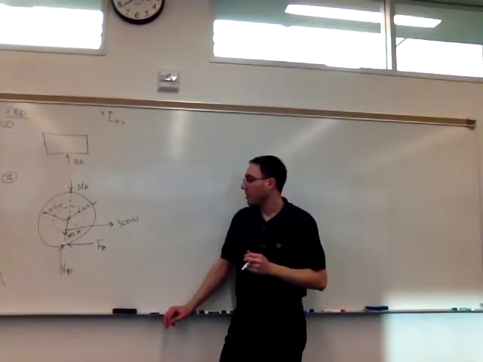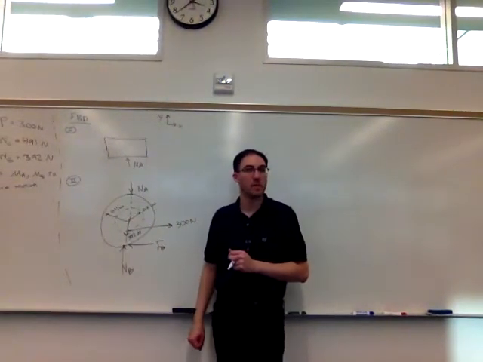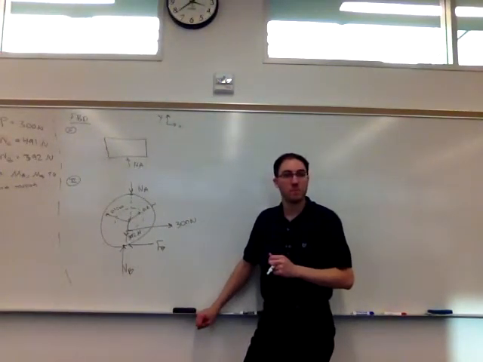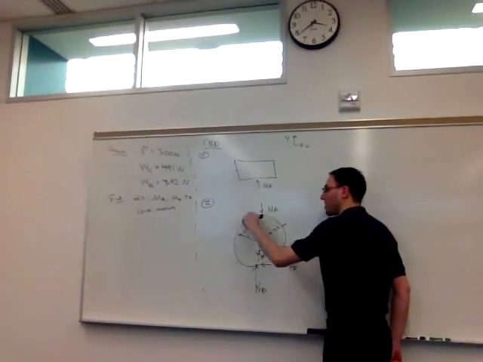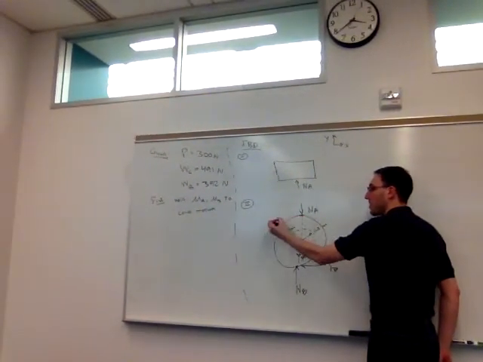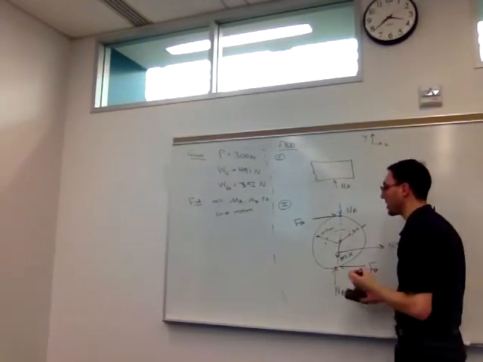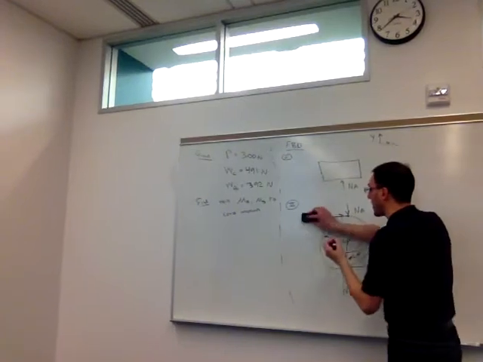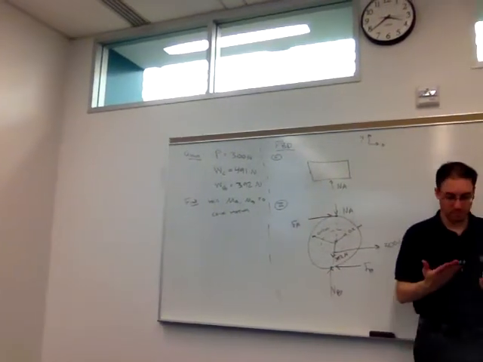And if it's rotating counterclockwise, then at A, what direction should the friction be pointing? In this case, to the right, because the point up here, if it's rotating, wants to move to the left. The friction is going to counter that by pointing to the right. So FA, if it's rotating, is going to point to the right.